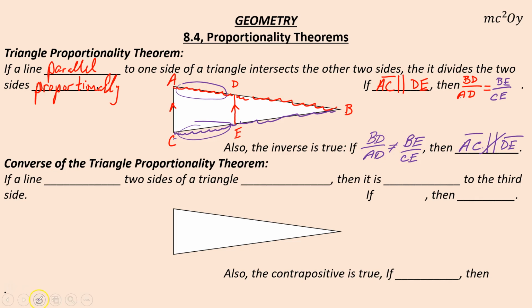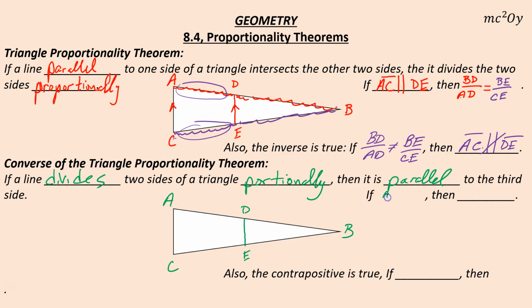The next piece, we talk about the converse of this original statement. So if a line divides two sides of a triangle proportionally, then that line is parallel to the third side. Okay, so once again, if we have A, B, and C, and we know that we have this line here, DE, this segment, dividing the triangle proportionally.